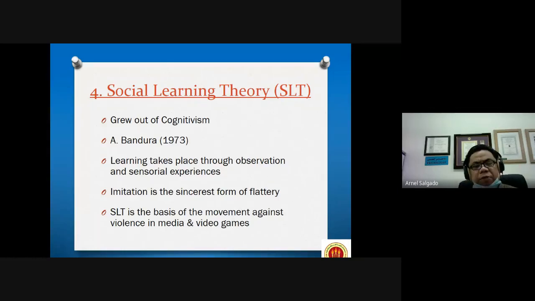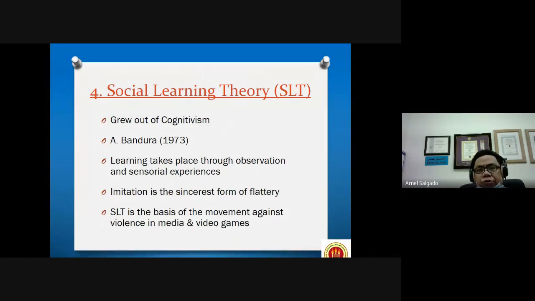All right. Now, moving forward, SLT is the basis of the movement against violence in media and video games. This is actually the thing that we emphasize. The reason why we need to limit people from playing games, particularly violent games, is in accordance with social learning theory.